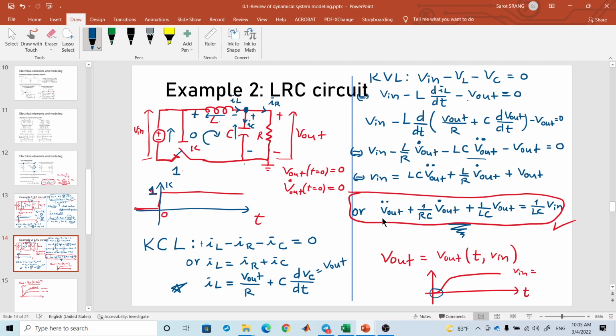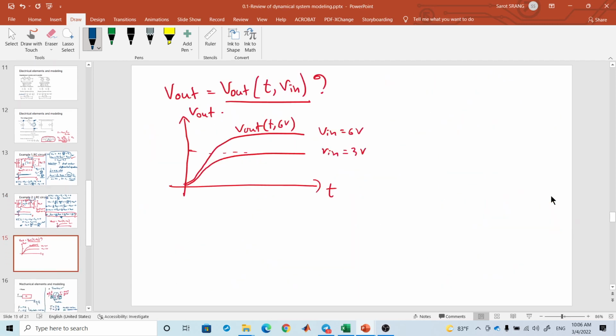When t goes to infinity, we expect it to approach an asymptote, so it is constant, which means this term goes to zero, this term goes to zero, and Vout must approach Vin.